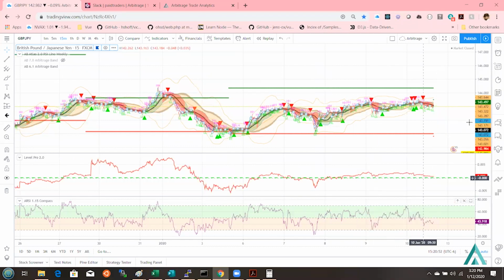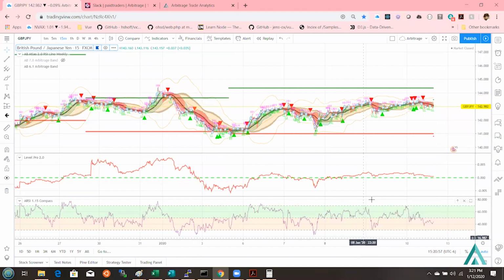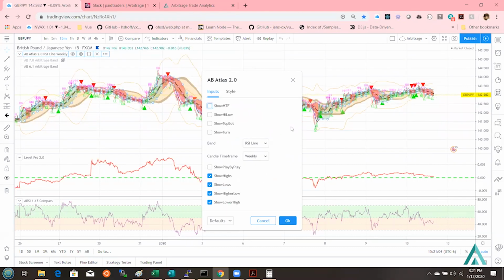So I'm going to turn off those and my additional ones, once again minimalist. I like as little as possible so I can keep my eyes where they should be on the chart if I'm actually sitting and watching.